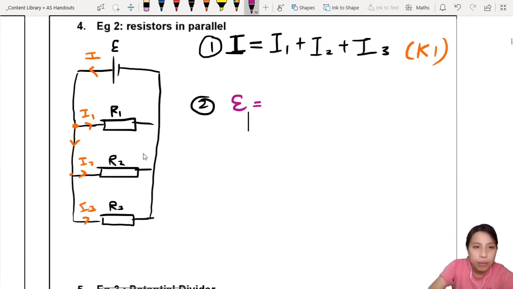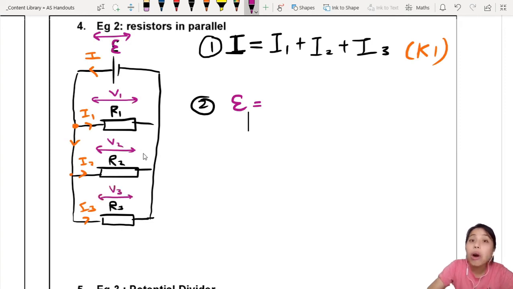So if this one here has a PD of E, this one here has a PD of V1, this one a PD of V2, this one a PD of V3. And they're all the same. Why? Let's say your E is 12 volts. That means when you come up here, these are all 12.